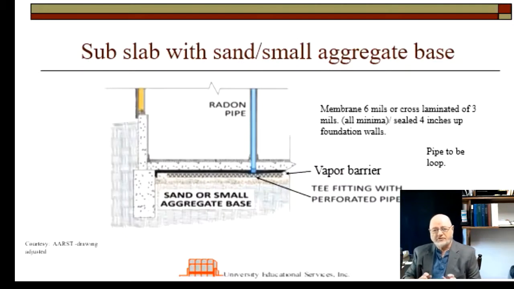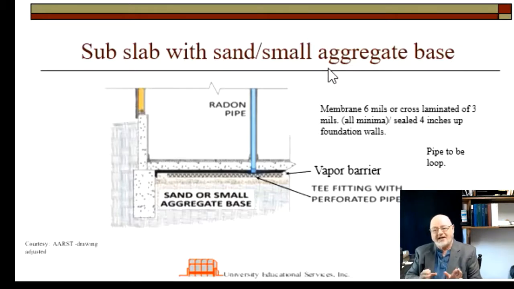Next, I want to discuss the case where you have a poured concrete slab, but instead of being on some gravel, a good gravel base, you're pouring it directly on the dirt or sand. And so I've titled this here, as you can see, subslab with sand or small aggregate base.